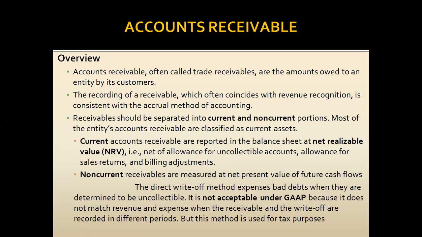The recording of receivables is linked with the recognition of revenue. The time we recognize the revenue in the books as per the accrual method of accounting, receivables are immediately recorded in our books. We categorize them into two categories: current receivables and non-current receivables.